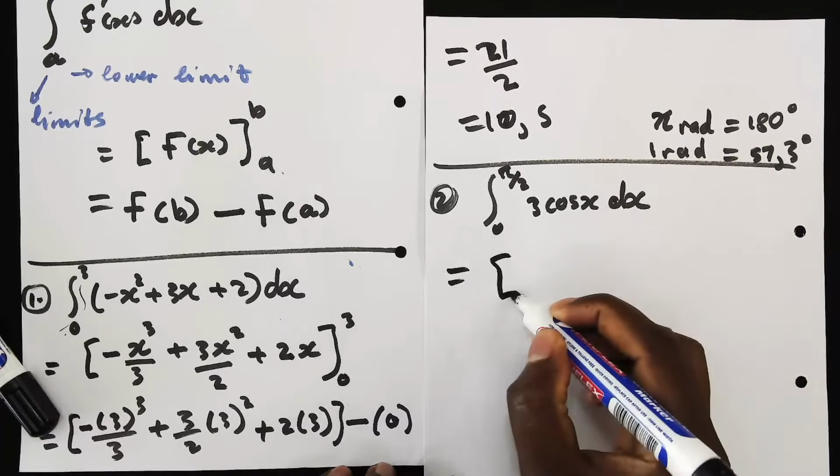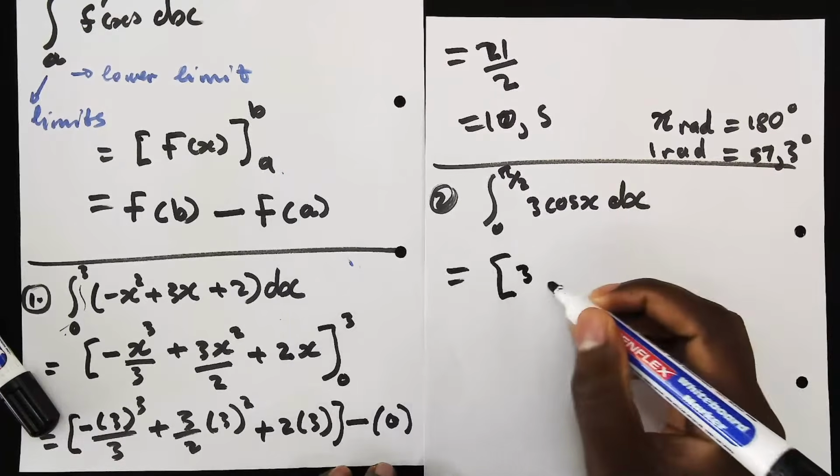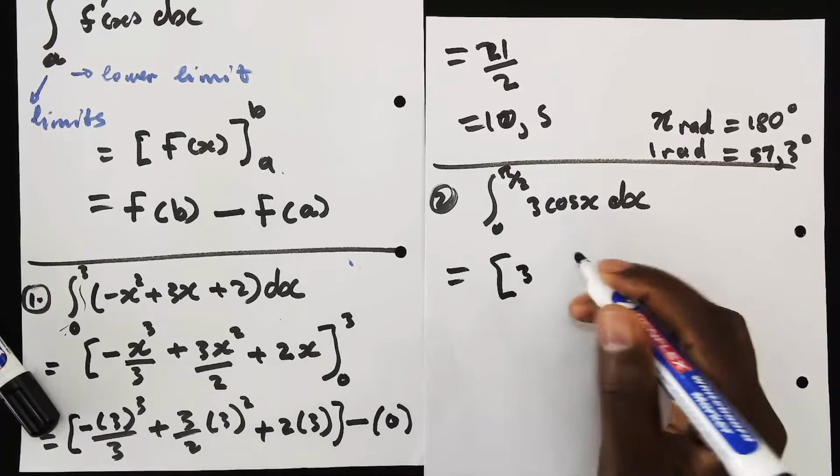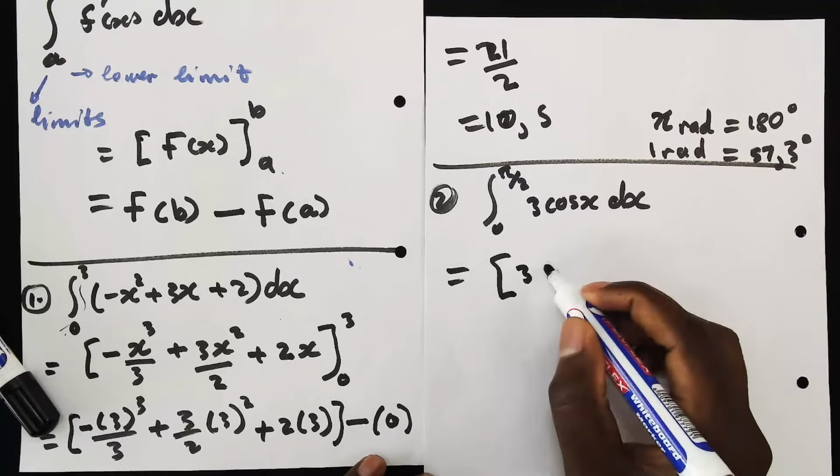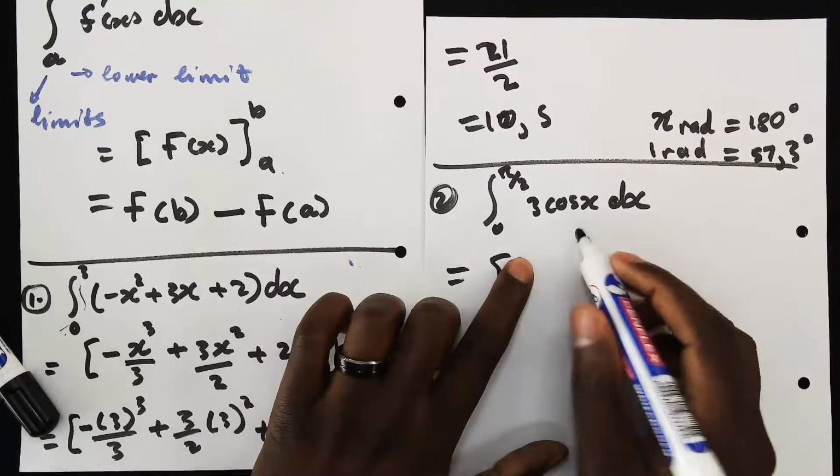It's straightforward. Therefore, we'll have 3 times its constant. As I mentioned before, you can factor out the constant. So what is the integral of cos?